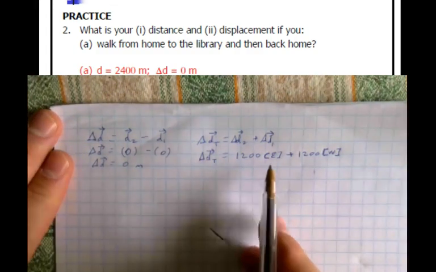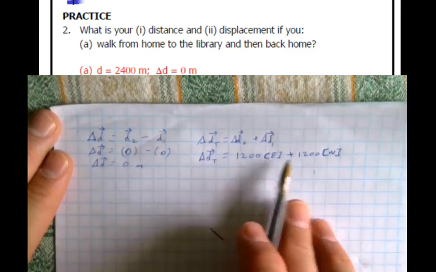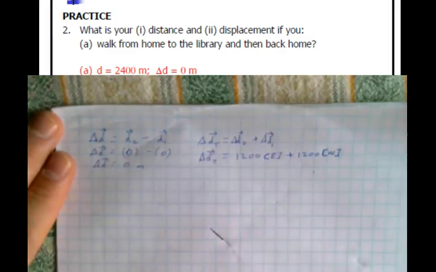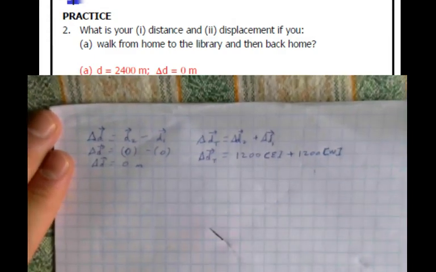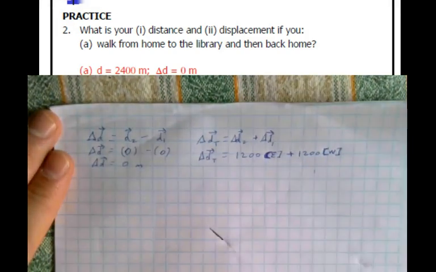Now, I don't write the unit when I'm writing this down as an equation, but I do write the direction. The reason why I'm writing the direction is because it helps in determining whether I'm adding this correctly together. This should be a square bracket. My square brackets sometimes look like C's.